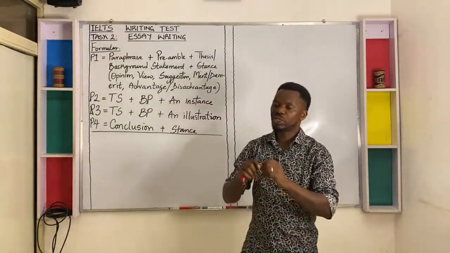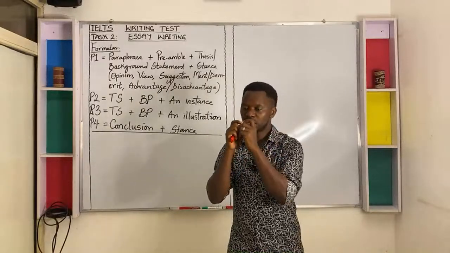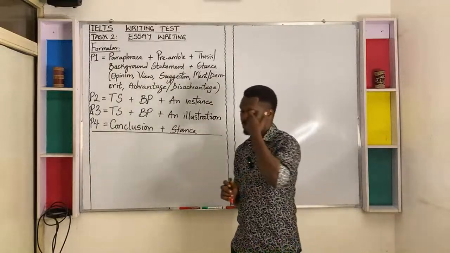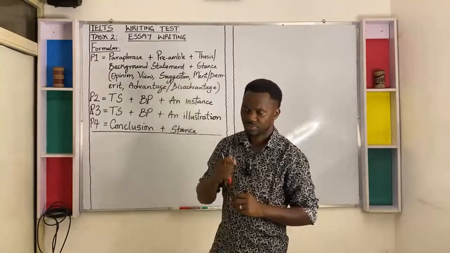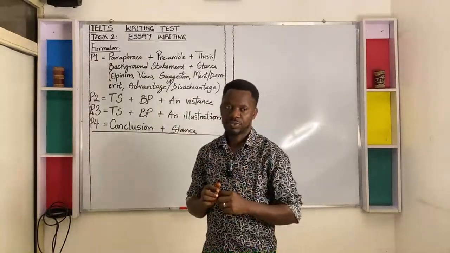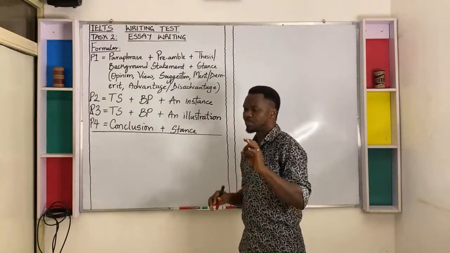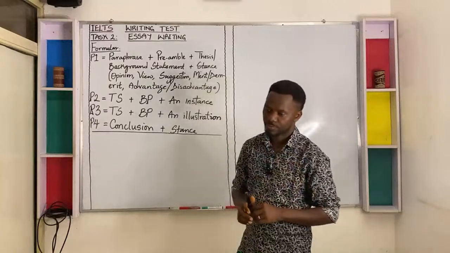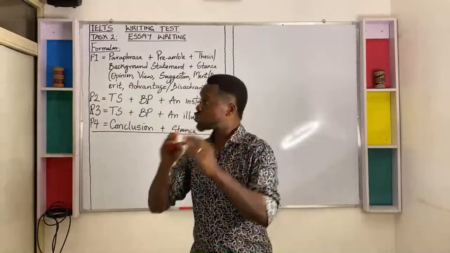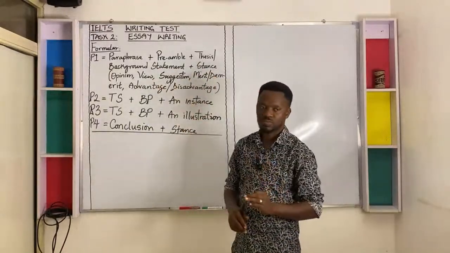Your preamble should be a synopsis or a preview of the issue raised in the question. Once you are done with your preamble, of course, you apply your period, your full stop, and then proceed to your thesis or background statement.